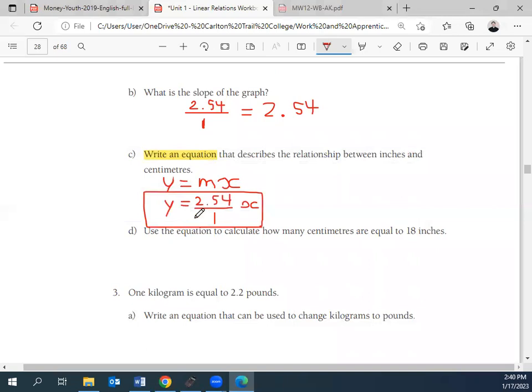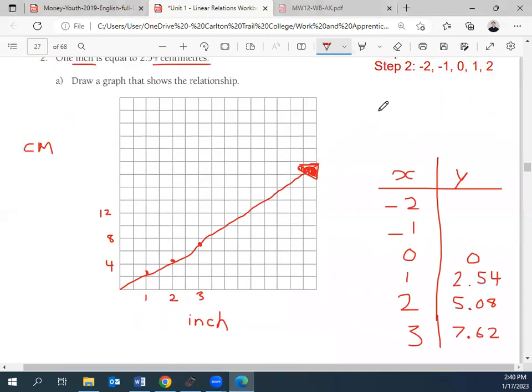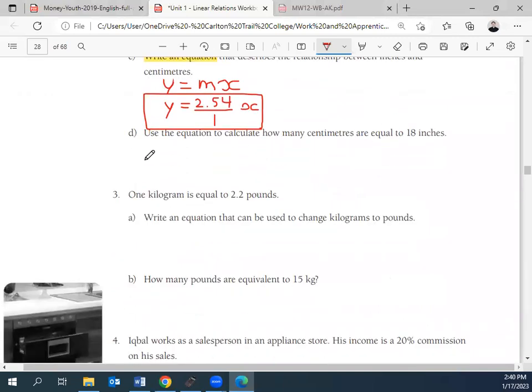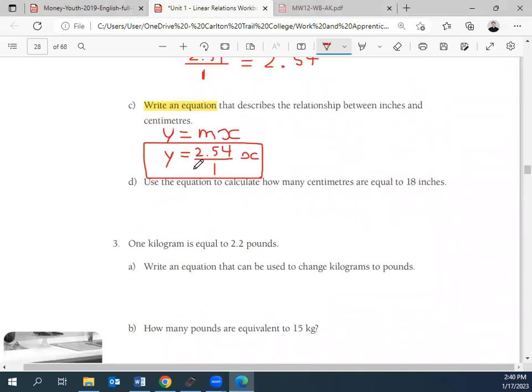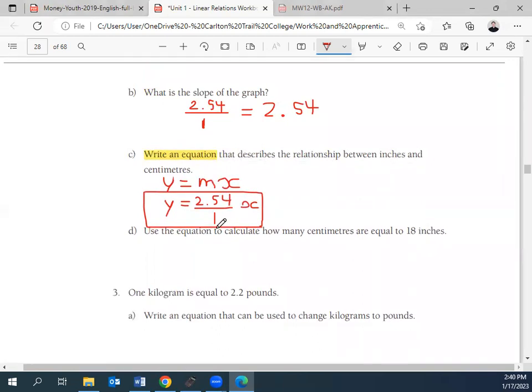So if I want to use this formula and I don't want to draw a graph that extends up to 18 inches, I can just quickly substitute this in. If I want to figure out how many centimeters are equal to 18 inches using this formula, all I need to do is substitute that 18 inches in. Now, is the y or the x what we use for inches in our graph?